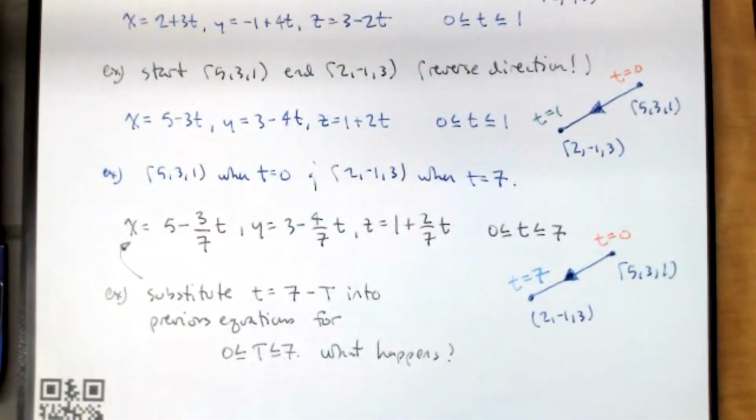What happens if we substitute, replace the little lowercase t with 7 minus t? So substitute t equals 7 minus capital T into that set of equations for t between 0 and 7. What's going to happen when I replace t from 0 to 7 with 7 minus capital T, or capital T from 0 to 7?